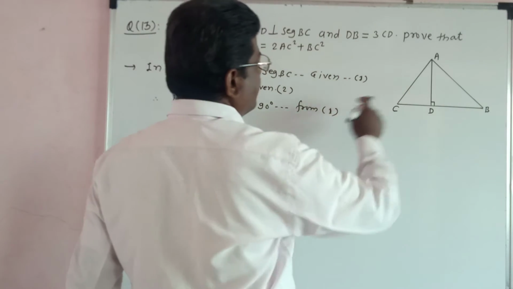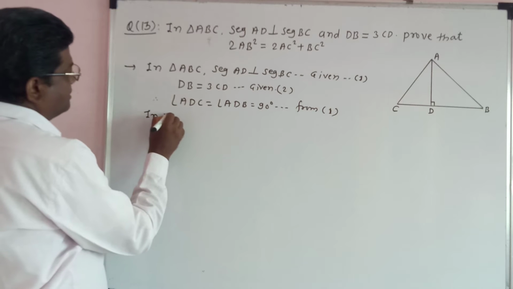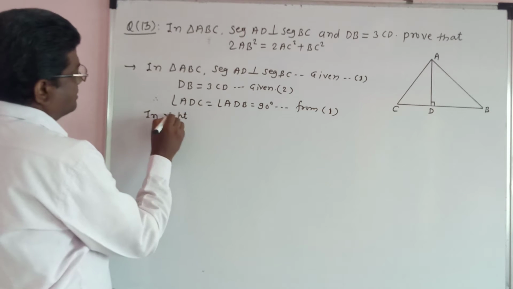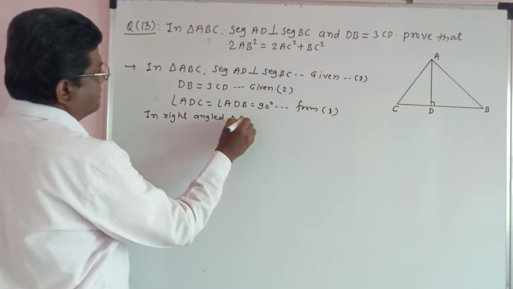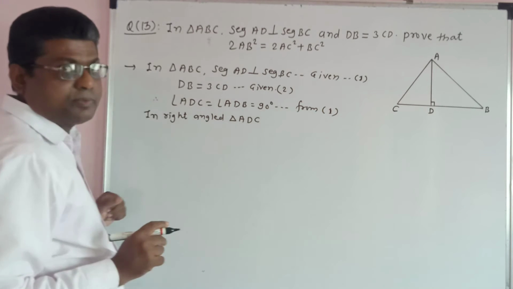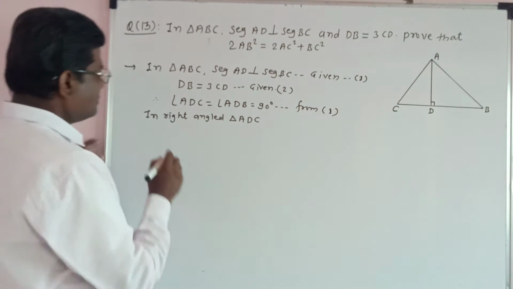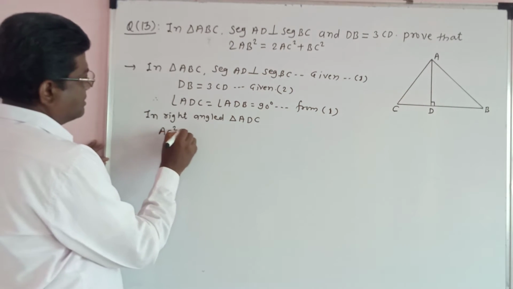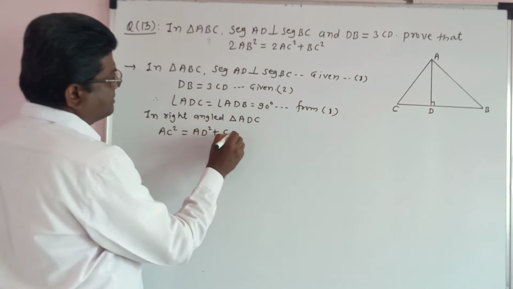Now, in triangle ADC, in right angled triangle ADC, use Pythagoras theorem. AC square is equal to AD square plus CD square.